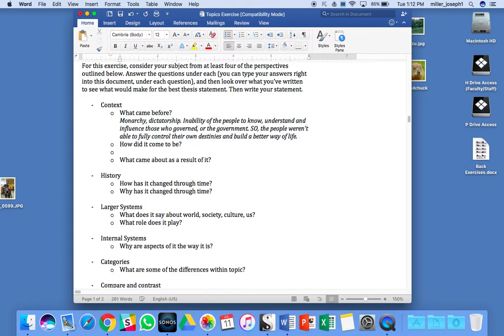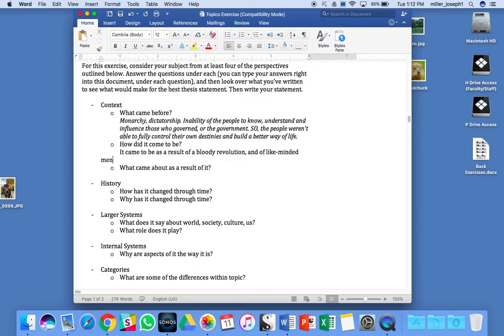How did it come to be? Well, it came to be as a result of a bloody revolution and of like-minded men, white men, we know, who worked together to form a more perfect union.